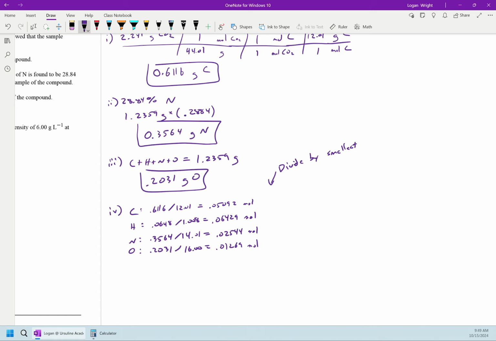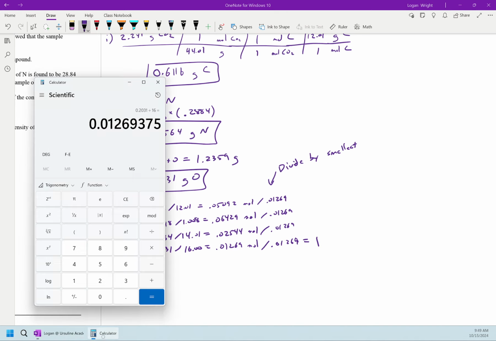And so I divide each of these by 0.01269, and this should get me really close to a whole number because we live in a discrete world that is made up of whole numbers of things.